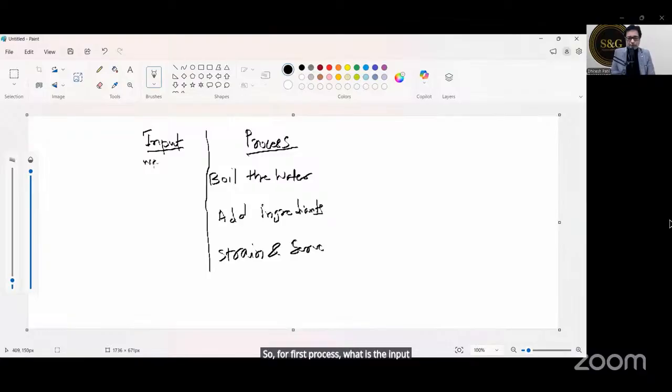First is water, then the gas, then the lighter, then the pot or a bowl, right? So you need water, you need gas, you need a lighter, you need a bowl, correct? Now this input comes from a supplier.